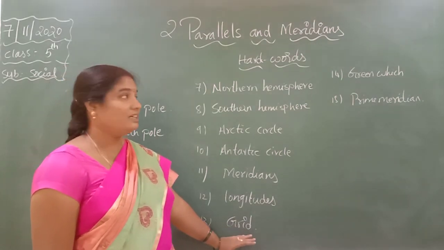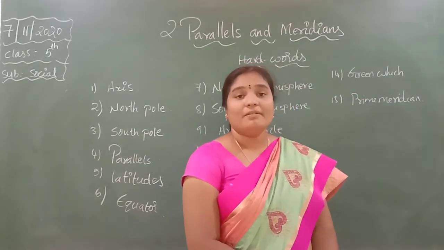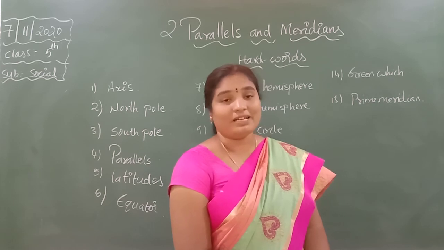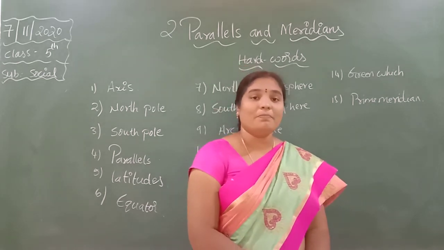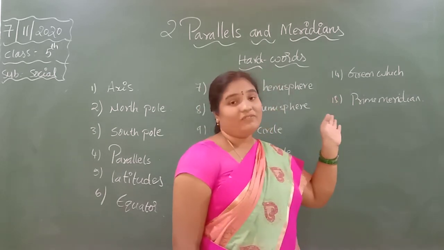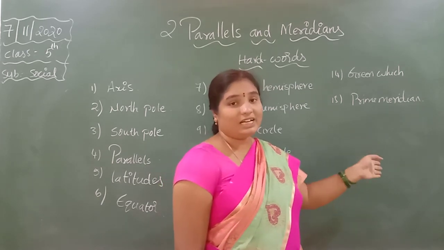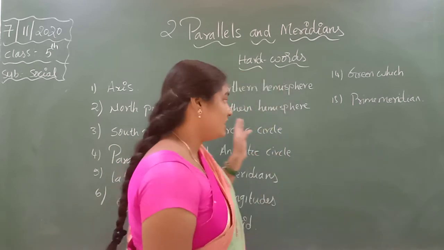Greenwich is the center of the meridians. It is also known as the prime meridian, the center line of the longitudes. It is given as 0 degrees, same as the equator.